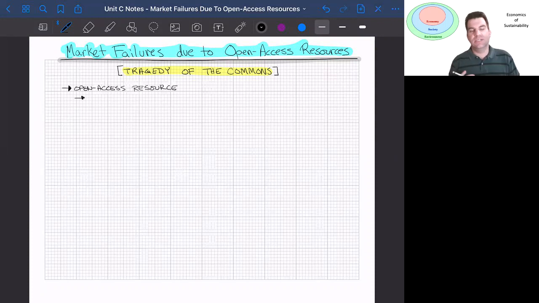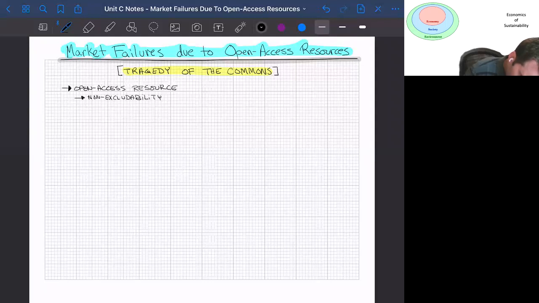Either one of these things alone is sort of interesting, but when you combine them, you kind of get the perfect storm. And that is non-excludability and rivalry.